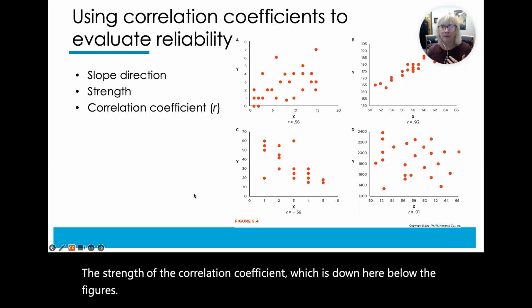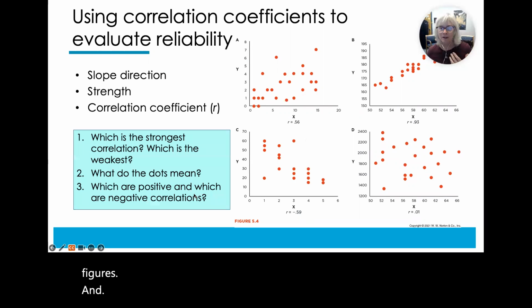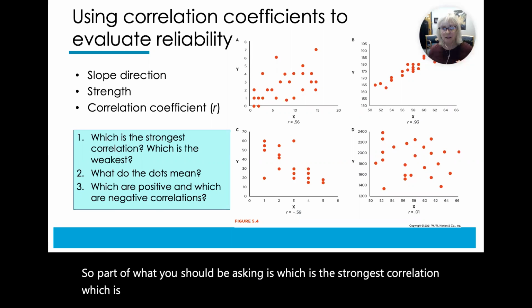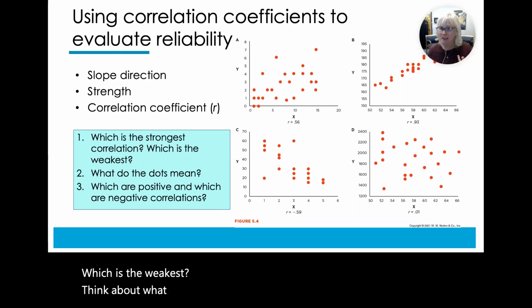So part of what you should be asking is, which is the strongest correlation? Which is the weakest? Think about what the dots mean here, and which are positive and which are negative correlations.